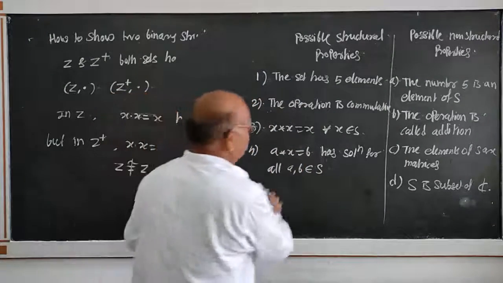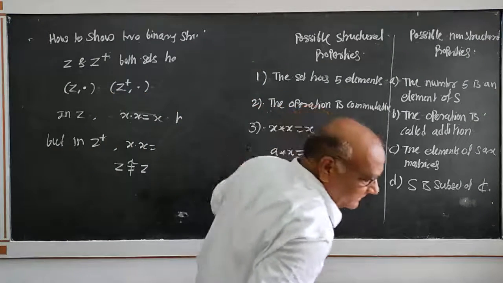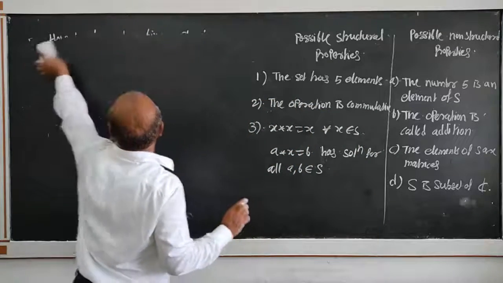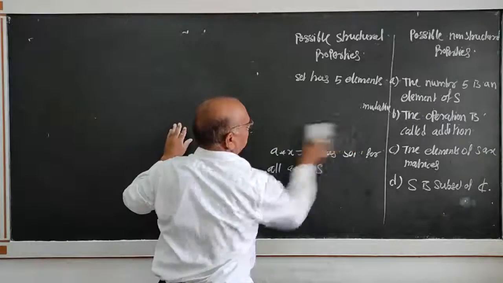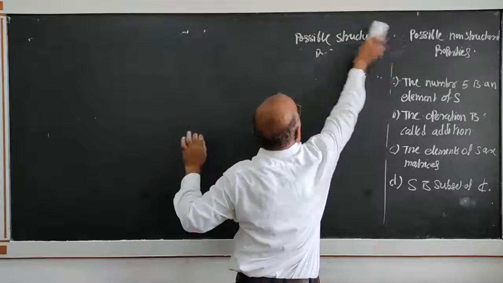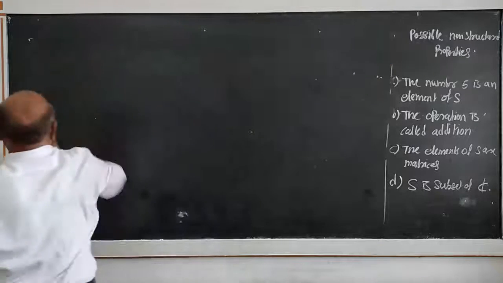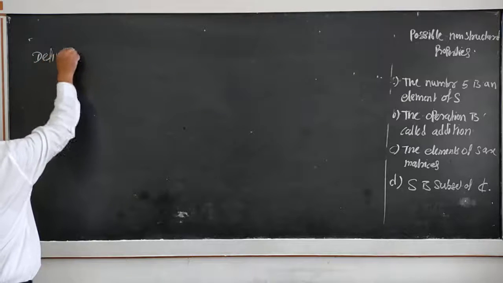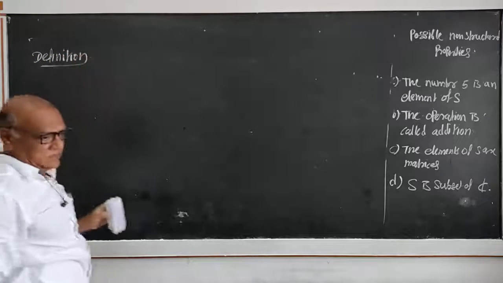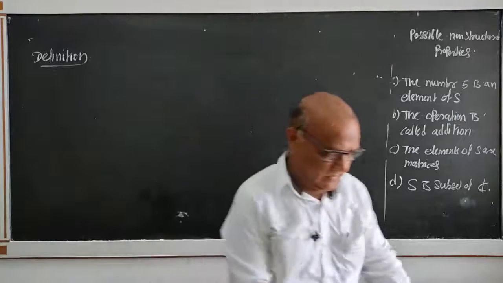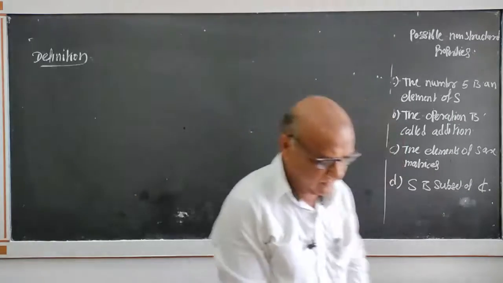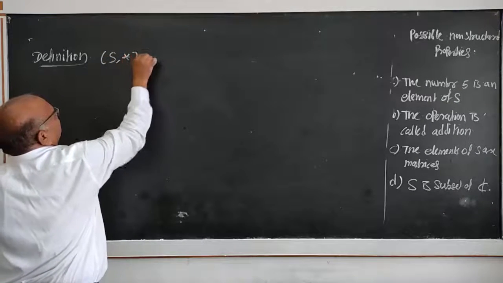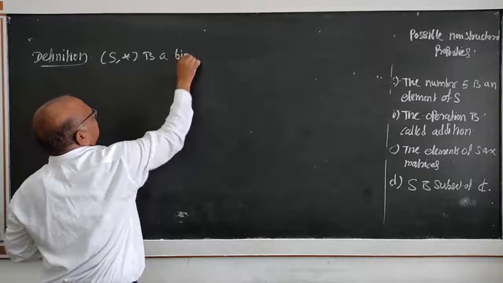Now, next definition. A star is a binary structure.